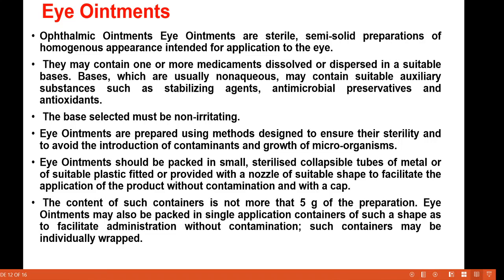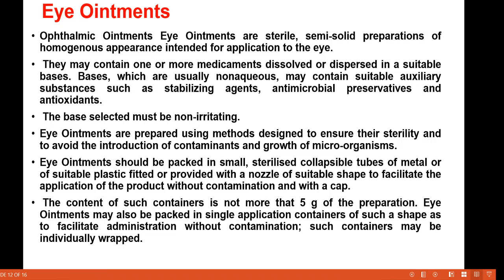The base selected must be non-irritating. These eye ointments are prepared using a method designed to ensure sterility and to avoid the introduction of contamination and growth of microorganisms.